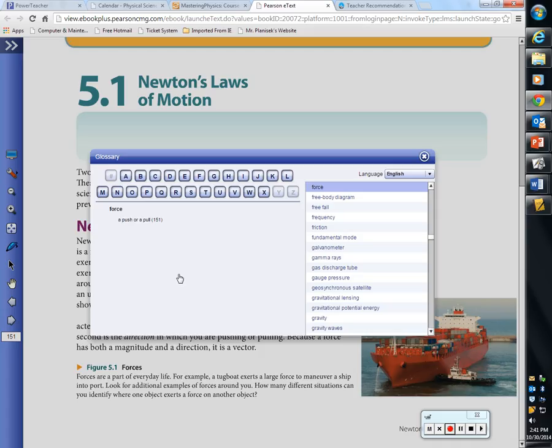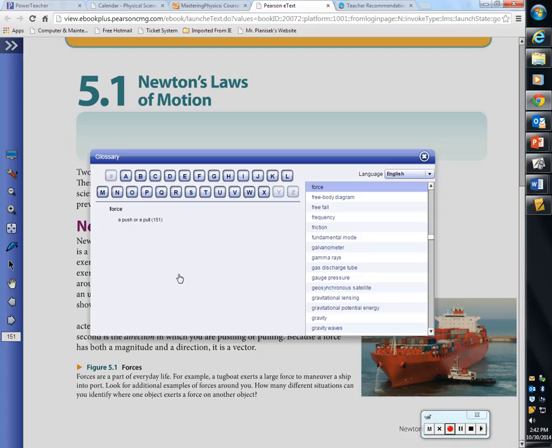Do you remember our definition of acceleration? Anybody? Change in velocity, right? And we said that, if we go back to our kinematics page, velocity is what's happening now, and acceleration is what's happening next, right? So force causes things to change.